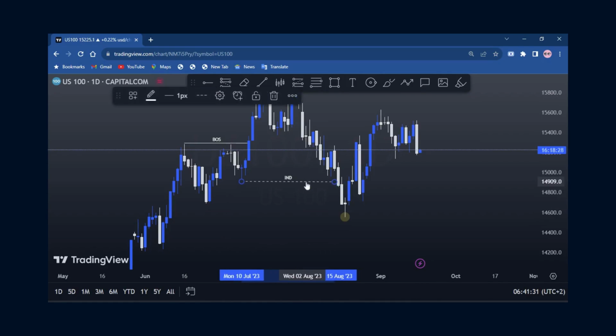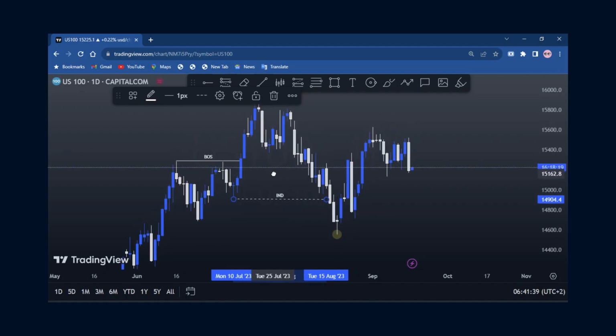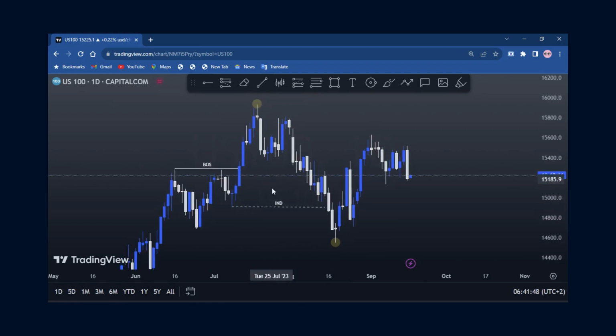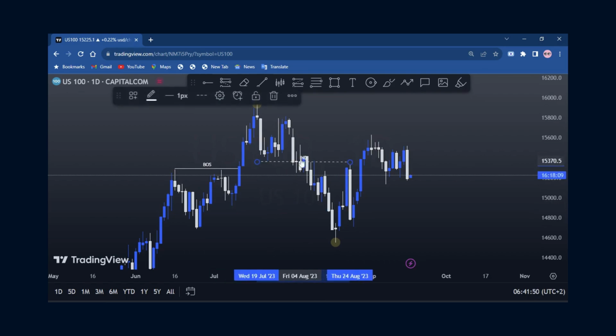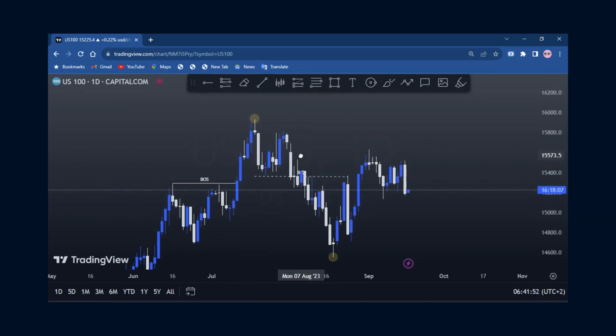So this was my second inducement when the price decided to break structure. So before it broke structure, it had this first pullback, then it had that second pullback, right? After having that second pullback, I cannot say this is a pullback because it didn't go above that price.